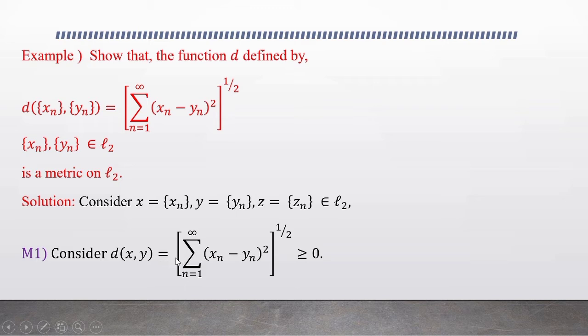By definition of d, it takes value summation of (xn minus yn) bracket square, n is equal to 1 to infinity, raised to 1 half. Now, this (xn minus yn) bracket square is positive. We take the summation of all positive terms, so this must be positive, and square root of positive is again positive. Therefore, it satisfies the non-negativity.